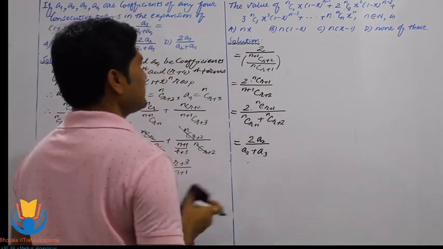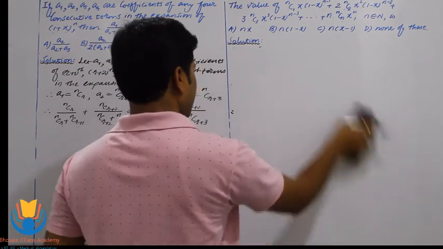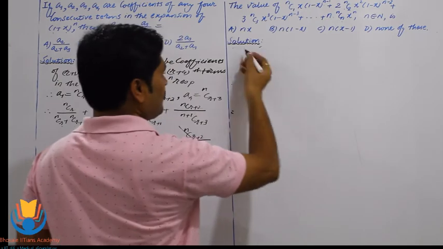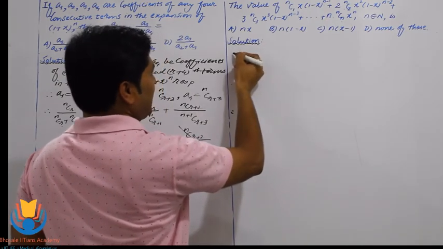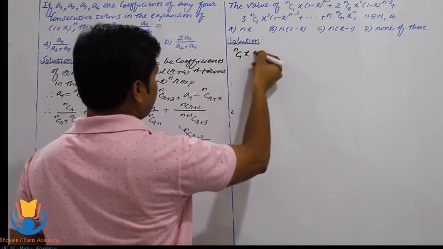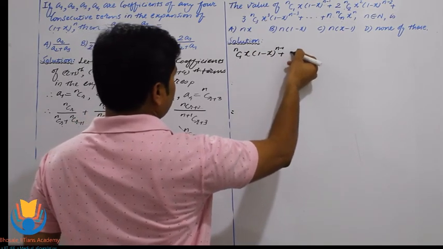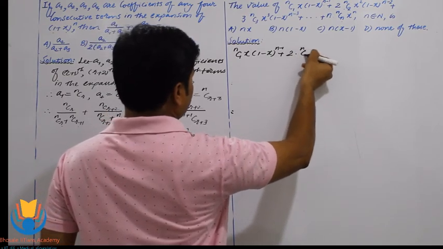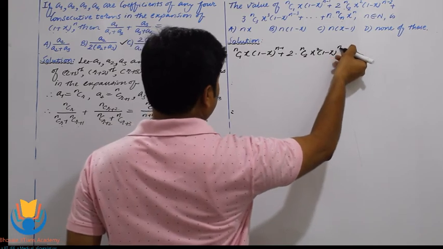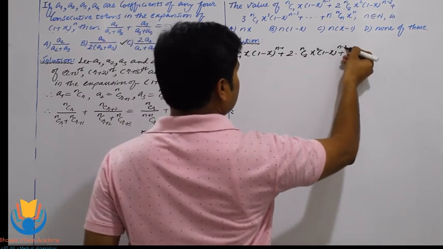So let's continue with the next MCQ. So that part we will write here again. Here we have to find the value of this particular expression. For that we will consider this as it is in the solution. So nC1 into x into (1 minus x) whole raised to n minus 1, plus 2 times nC2 into x square into (1 minus x) whole raised to n minus 2.